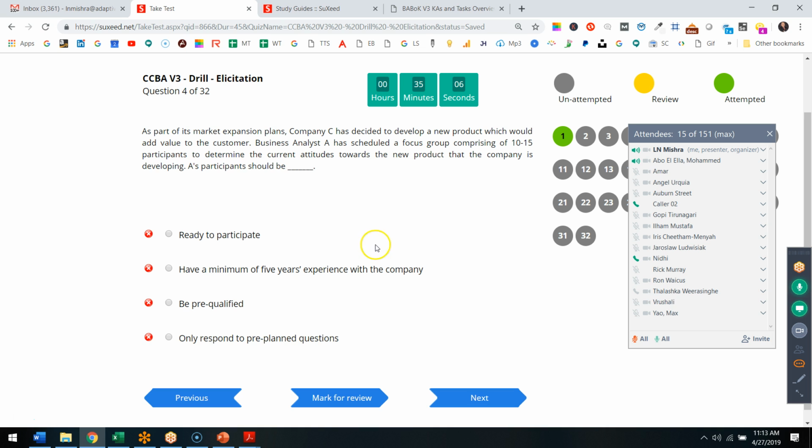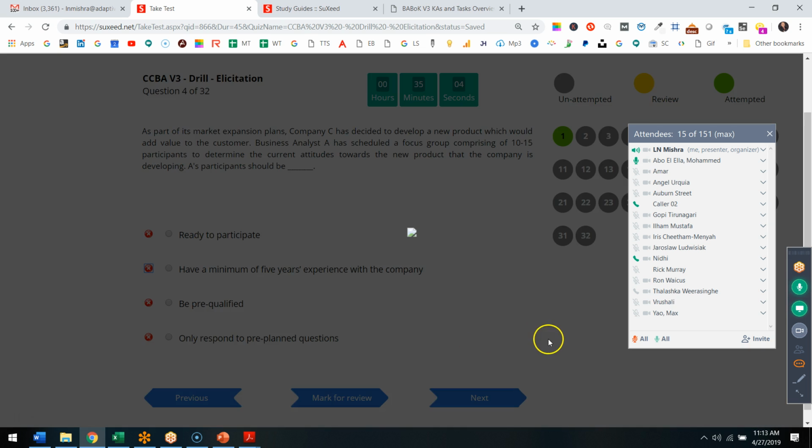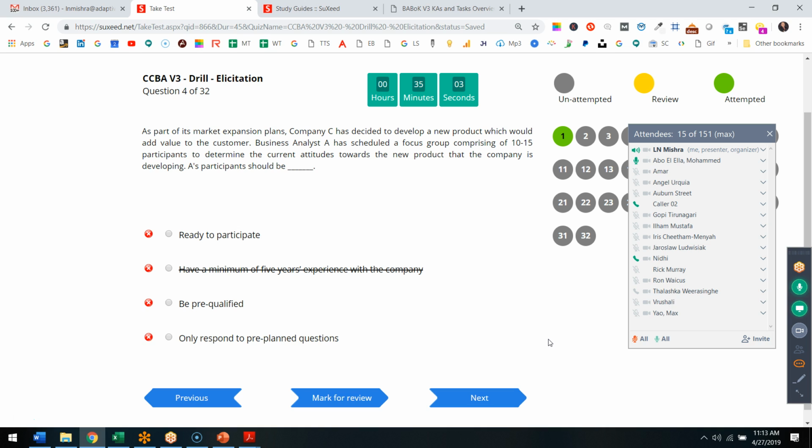Second one is clearly wrong. There is no such expectation in BABOK that somebody needs to have 5 years of experience. Okay. So now you have 3 choices left and you should eliminate the next one. Which one would you like to eliminate? The last one. Okay, very good.